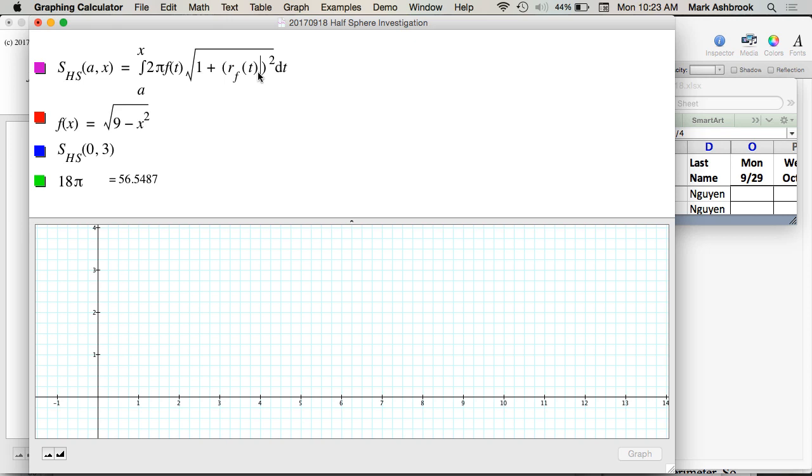So R sub F. That's better. Okay. So 2 pi f of t, and then that's our distance around the frustum, and then this is that, instead of dx, that's the horizontal distance, this distance.